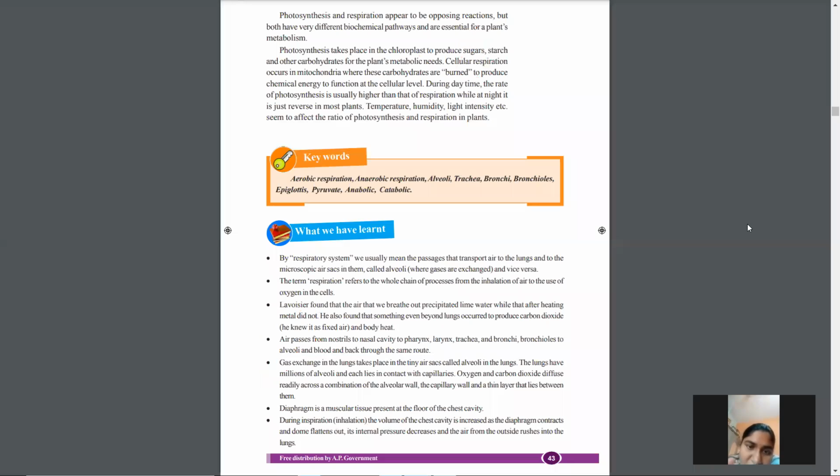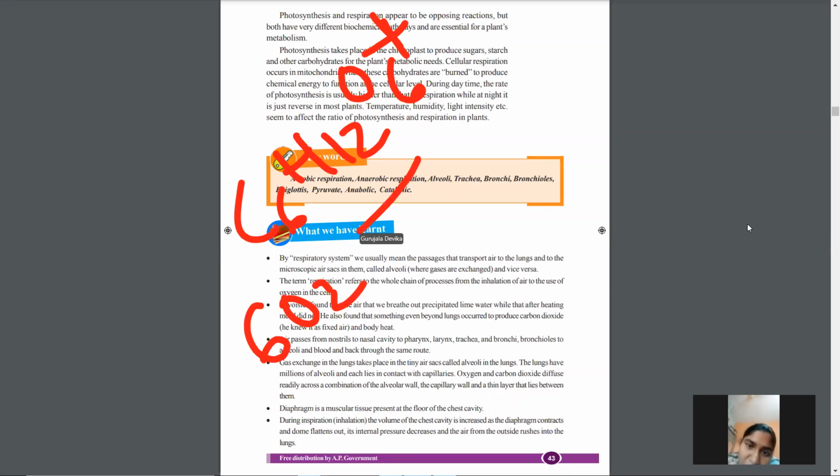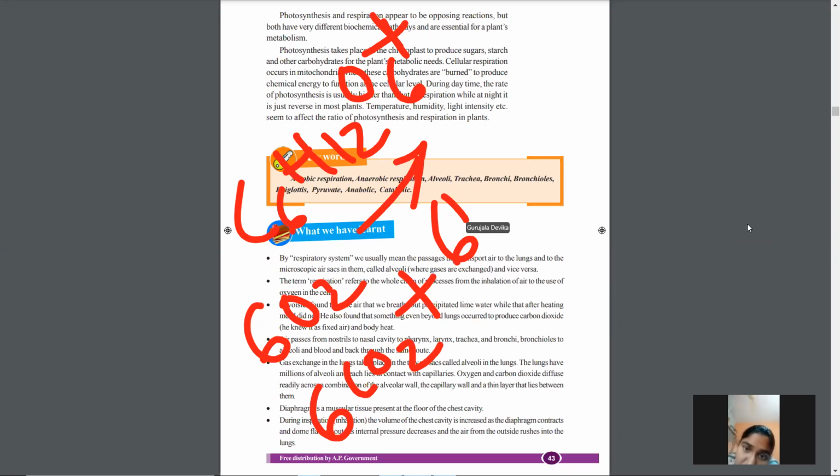In the case of respiration, C6H12O6 plus 6O2 gives rise to 6CO2 plus 6H2O plus energy.